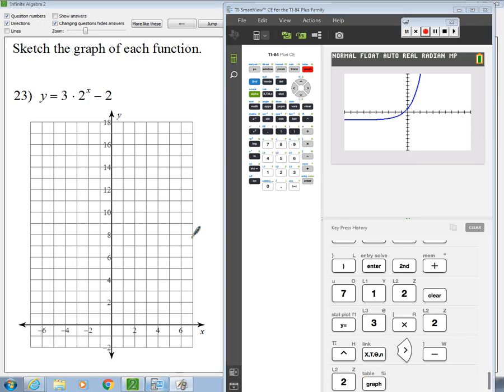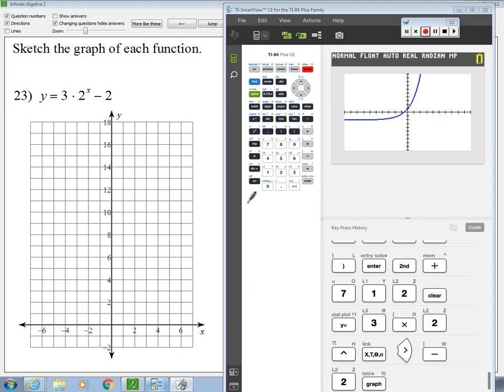Where's the asymptote? Well, look, here's -1, and doesn't it go below that? -2, and look in the equation. It's the boundary line. The function will approach it, but never actually touch it or cross over it.